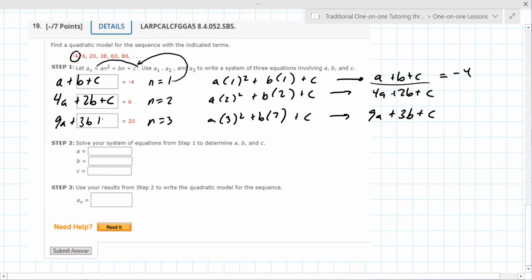Now what you might see on an exam, if you haven't already done this, is they give you the ordered pairs 1 comma -4, 2 comma 6, and 3 comma 20, and you do the exact same thing.